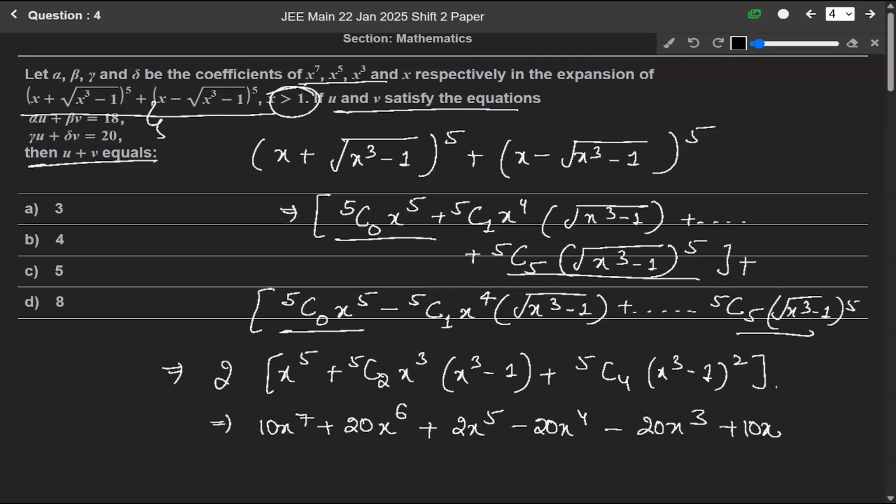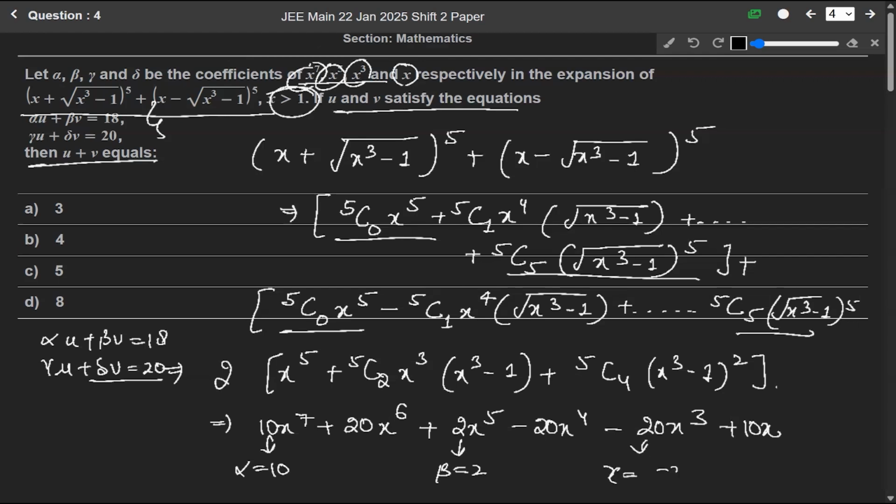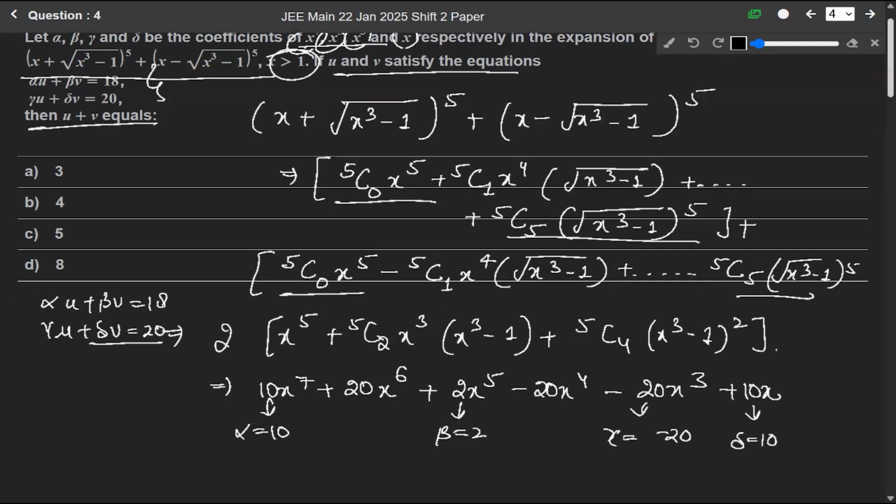Now we are given that alpha u + beta v equals 18 and gamma u + delta v equals 20. And these are the coefficients of alpha, beta, and gamma. So alpha is 10, beta is 2, gamma will be −20 and delta will be 10. We have to find the value of u plus v.